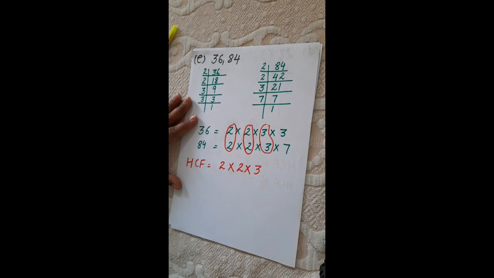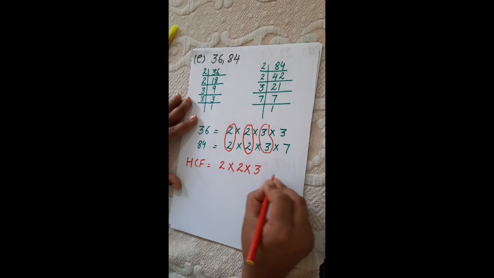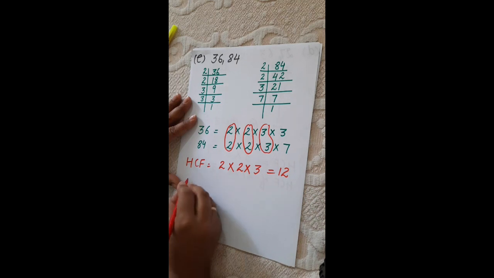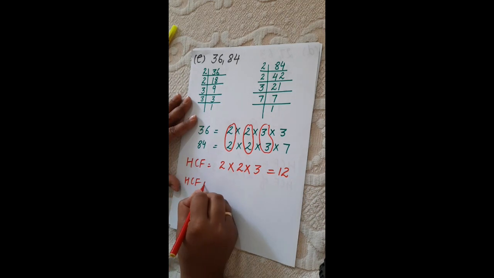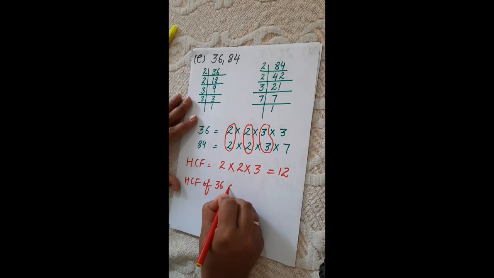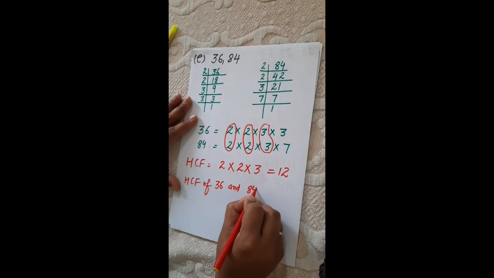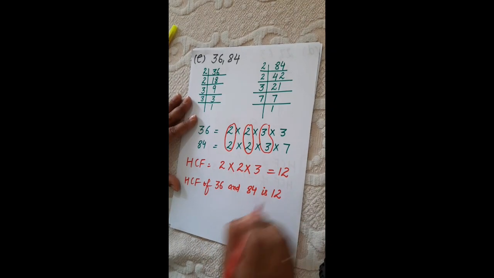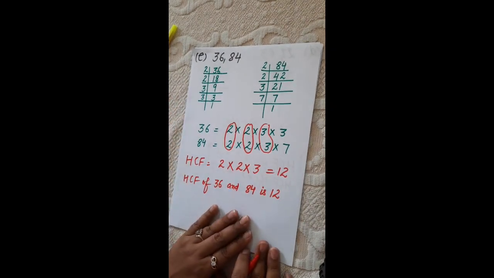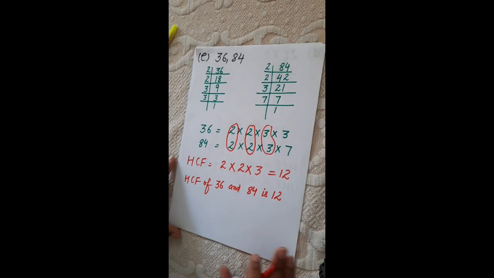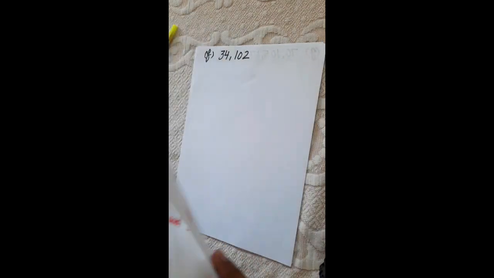So my answer is 2 twos are 4, 4 threes are 12. So highest common factor of 36 and 84 is 12. So this is the highest common factor of 36 and 84.